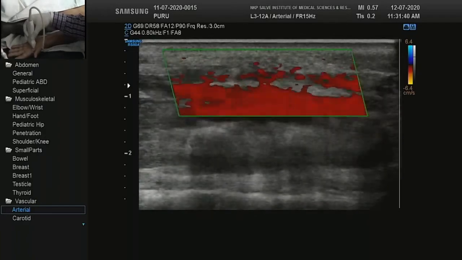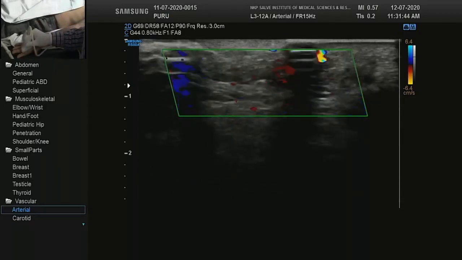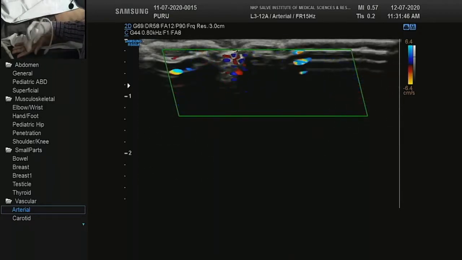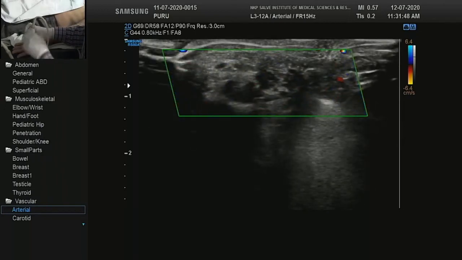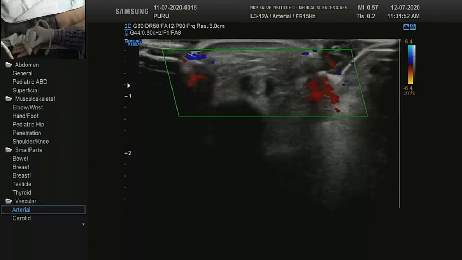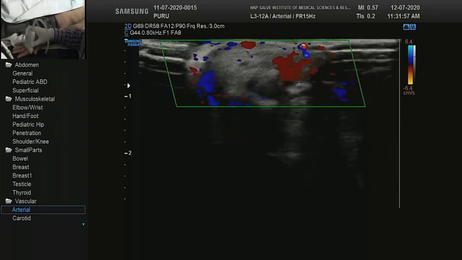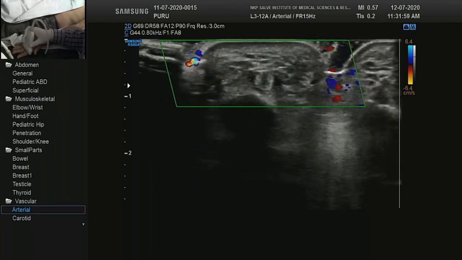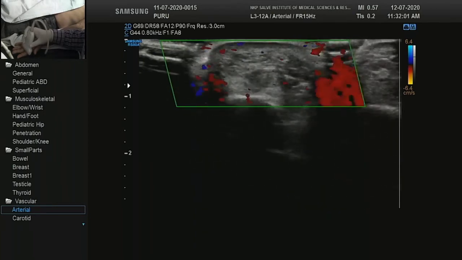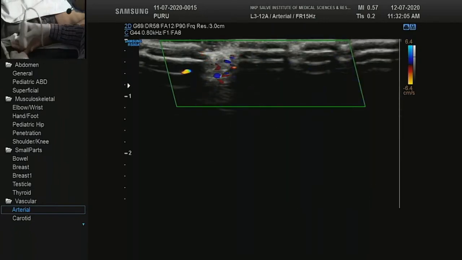Whenever there is a request or a need, where the patient has significant ischemic changes, severe pain in the tip of the finger, or gangrenous or pre-gangrenous changes, then you need to see the digital arteries. There are two digital arteries on either side of each digit.